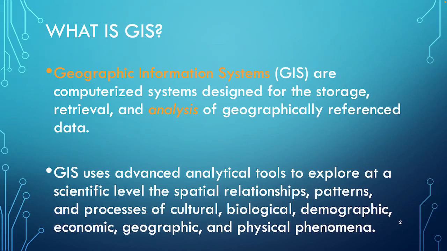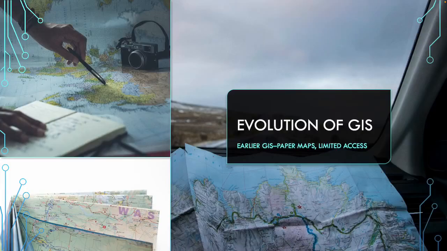Now, GIS has evolved and changed a lot over the years. It's not that far back that computers were very large things that people didn't own or even carry around in their pockets, and so GIS developed along with technology.